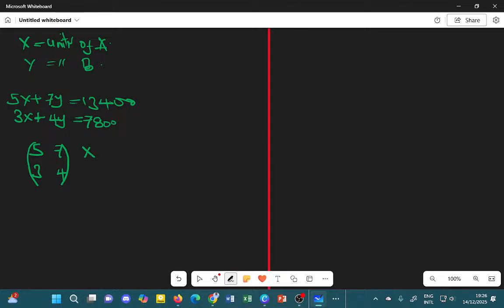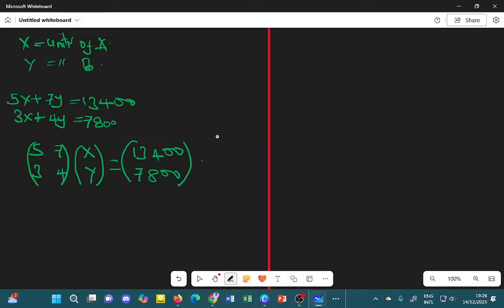Then of course we have x and y, and that being equal to 13,400. And here we have 7,800. Like that. This one here is a 2 by 2 matrix.